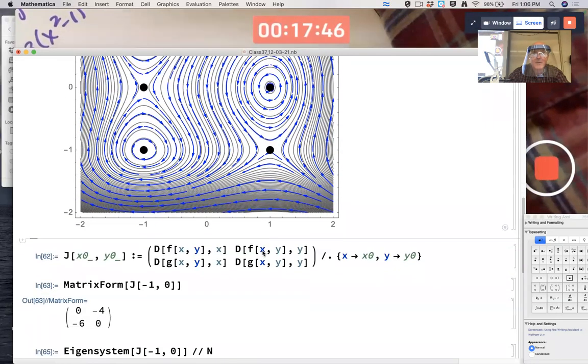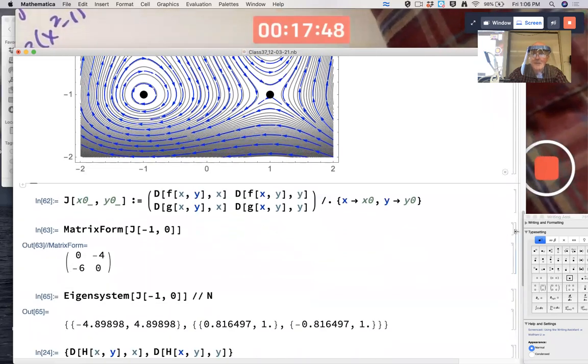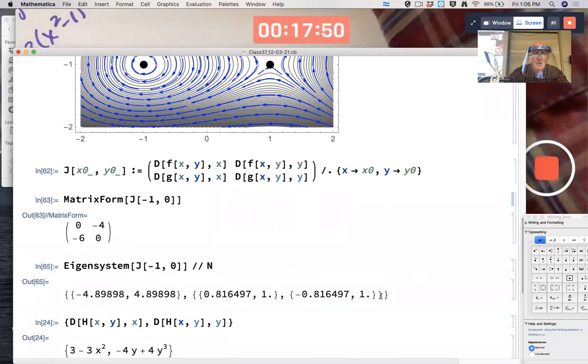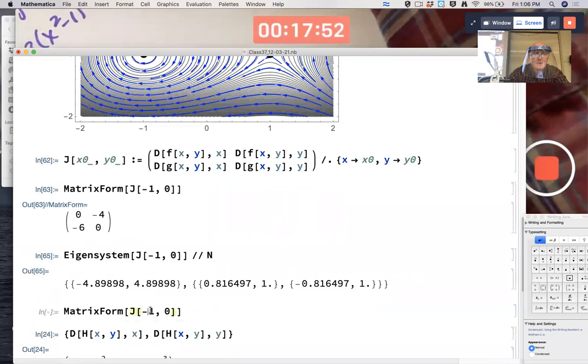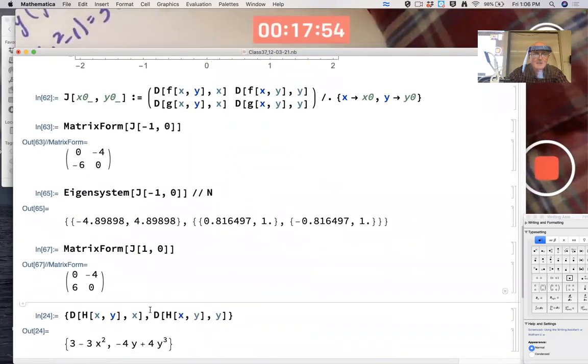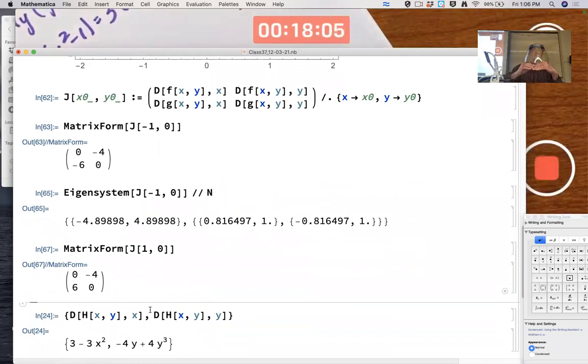Let's pick on one of the centers here, like at (+1, 0). The matrix has trace of 0. Determinant is positive, though, +24. 0 minus -24 is +24. In the trace-determinant plane, that means you're on the positive d axis, and that's where centers occur for linear systems.